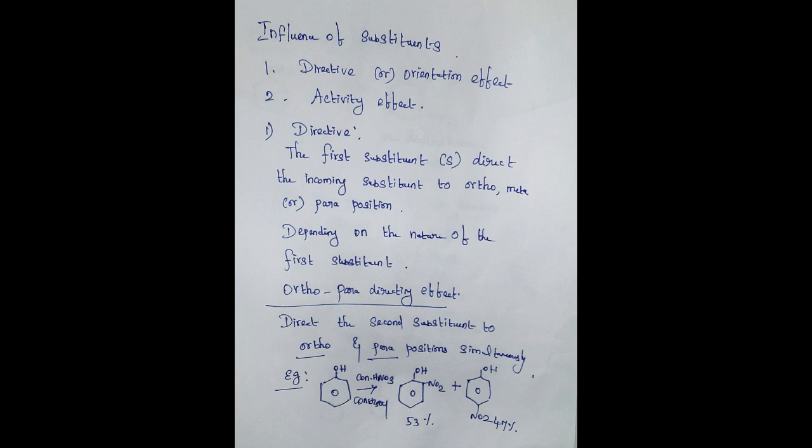So the phenol on nitration gives the NO2 group substituted at the ortho position with 53%, and 47% of para product is obtained.